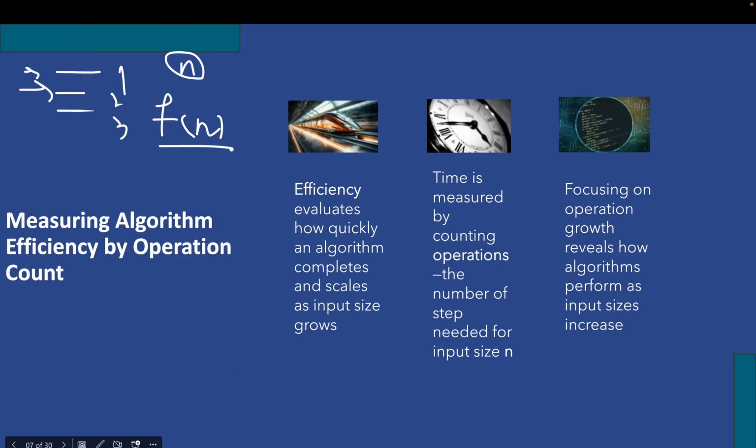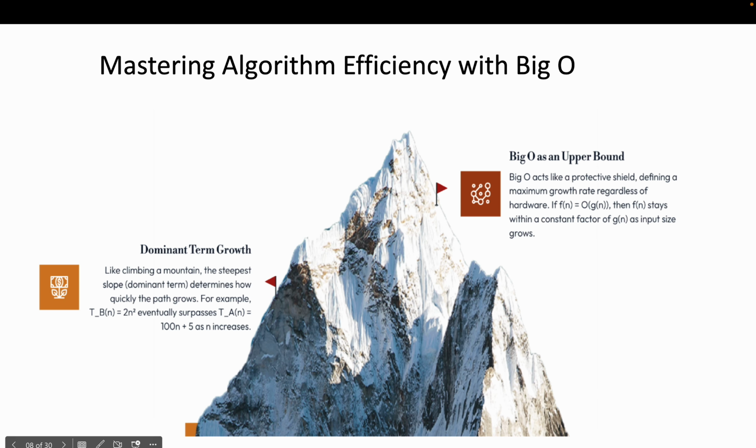It means that when we increase the input size, how will our operation function f act. To understand it, we focus on the dominant term. We have different algorithms for solving a problem.